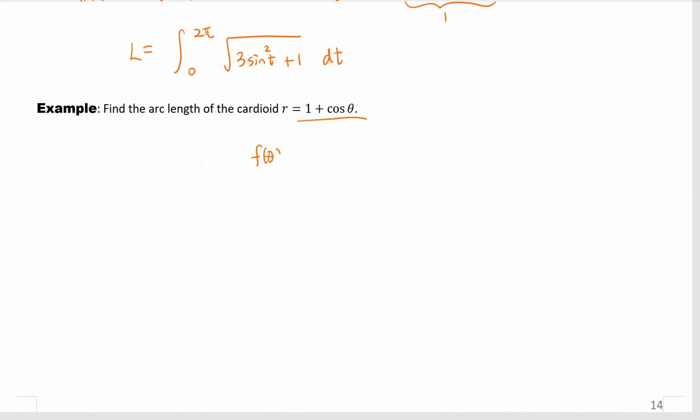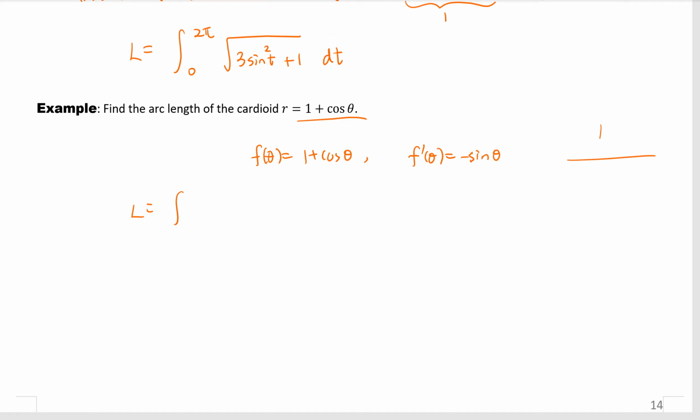What is the derivative? The derivative of 1 is 0. The derivative of cosine is minus sine theta. Then we have the arc length of the cardioid.